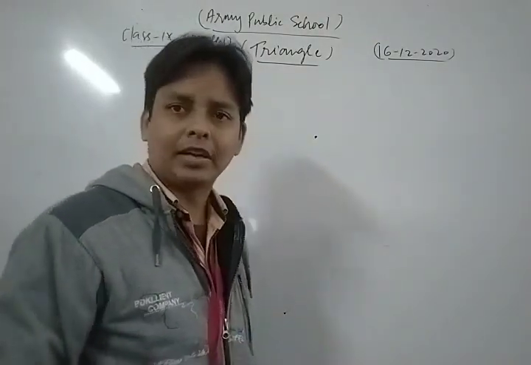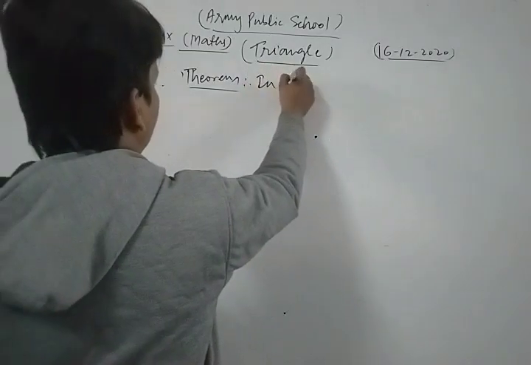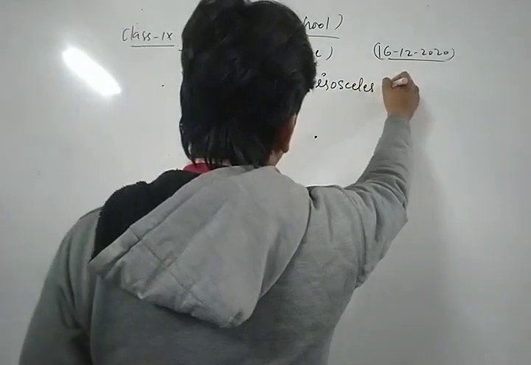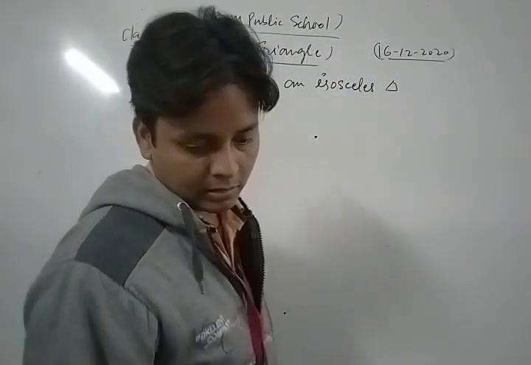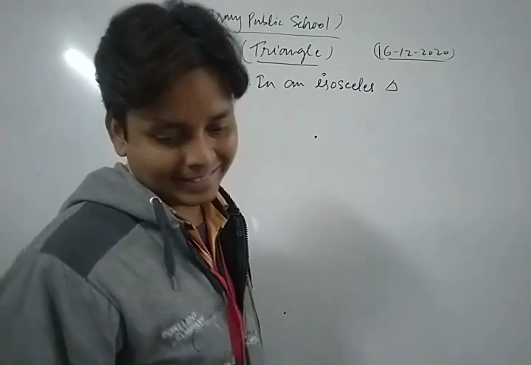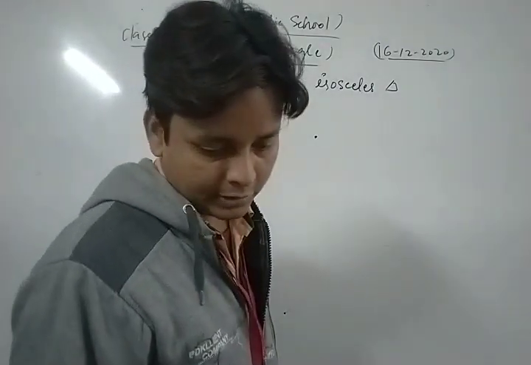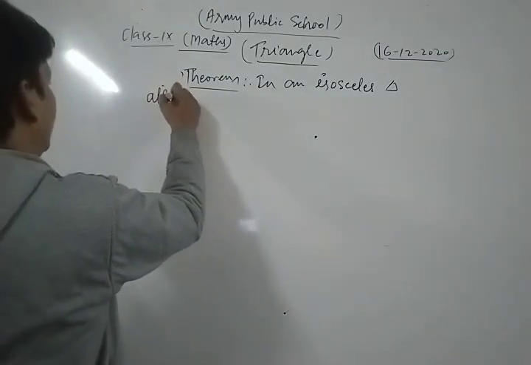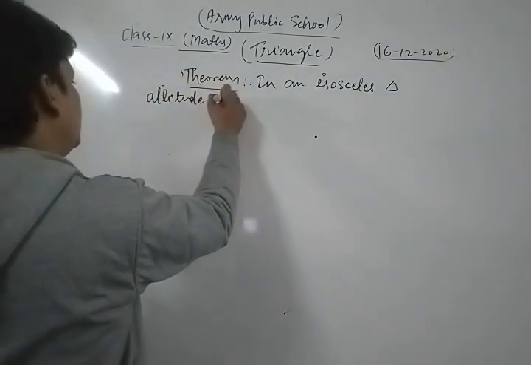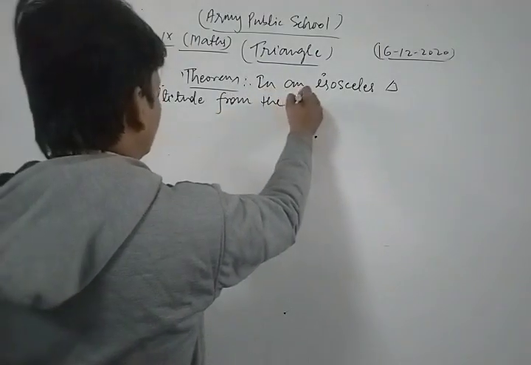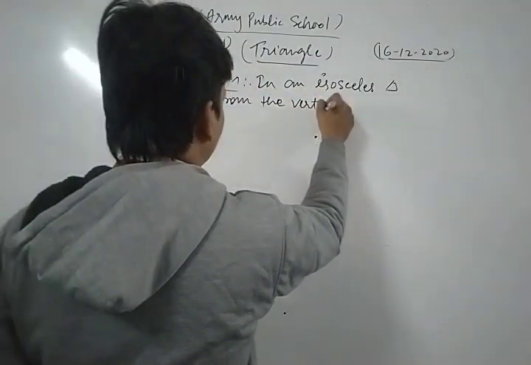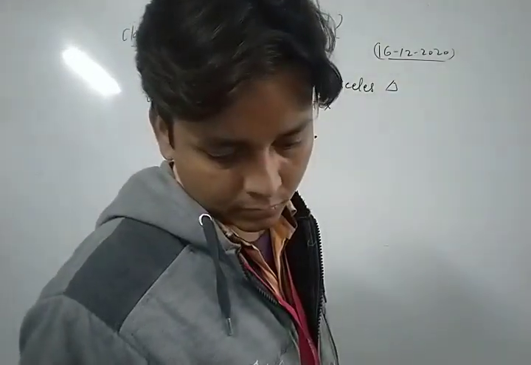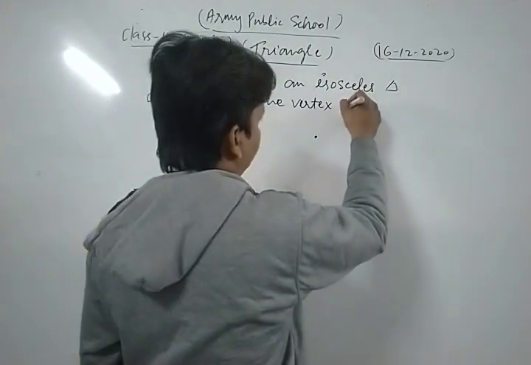In an isosceles triangle, the altitude from the vertex bisects the base.